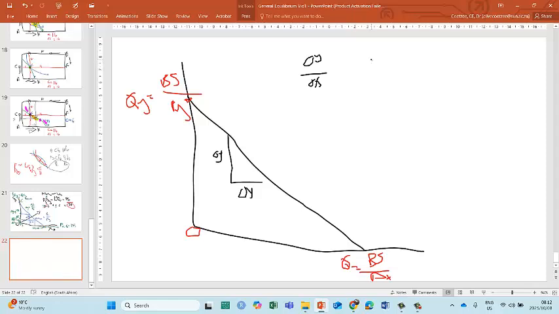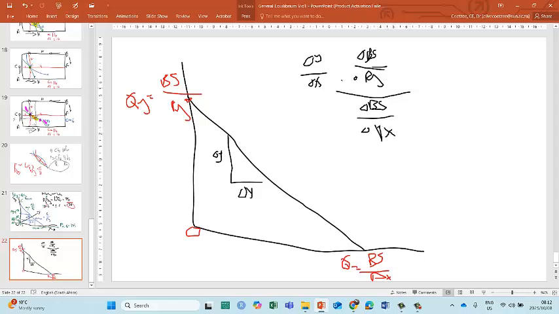So that means this is a change of budget surplus over a change of the price of y, over a change of budget surplus over a change of the price of x.